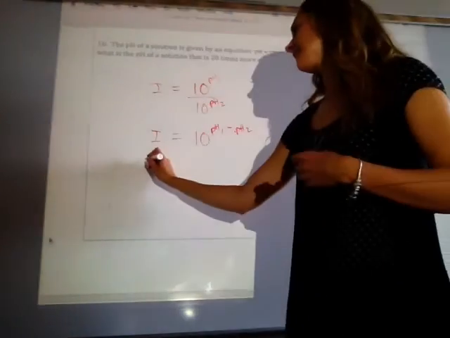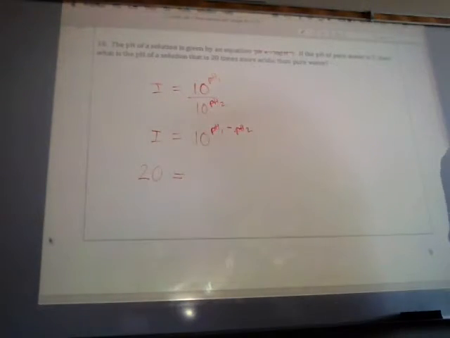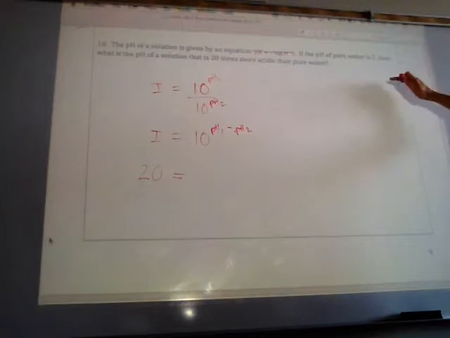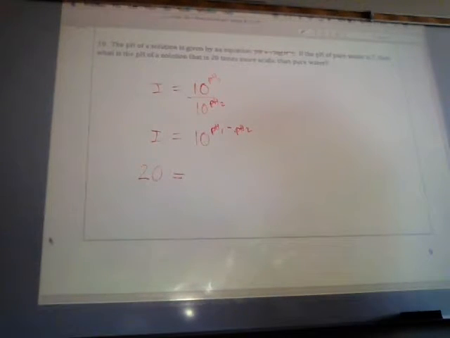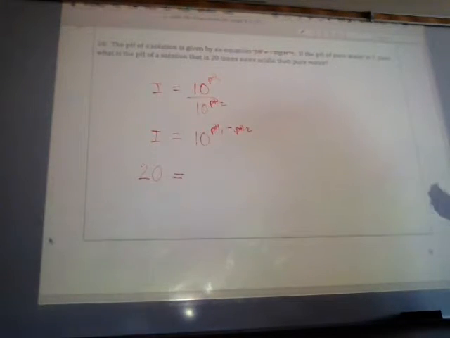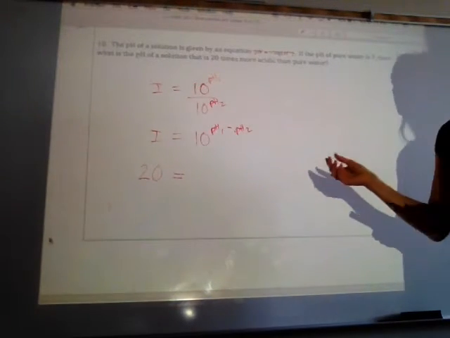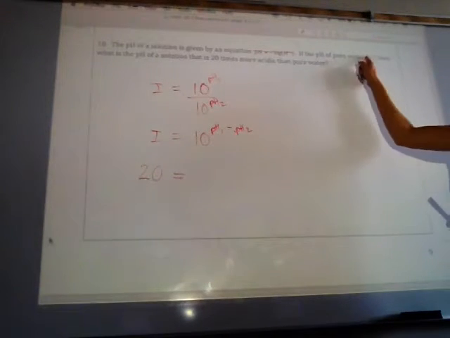Alright, so the intensity was given as 20 times as strong. So we have to think about pure water is 7. The intensity of the acidity is 20 times as strong. You have to think about, are acidic solutions going to be lower on the pH scale or higher? Lower. So that means that the number we end up with, if it's 20 times more acidic, it has to be lower than 7.